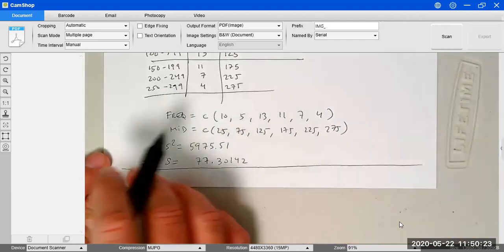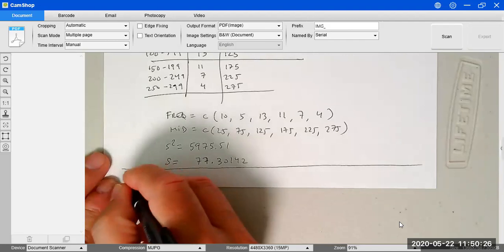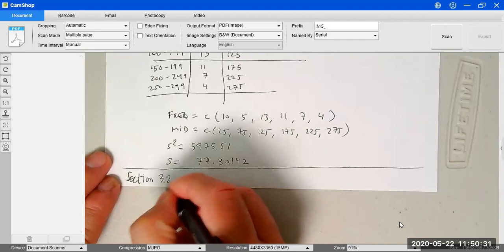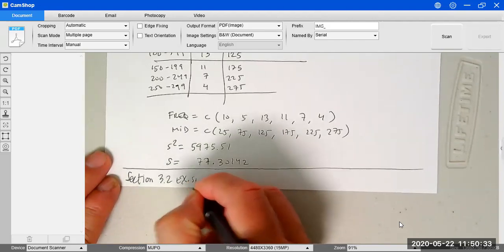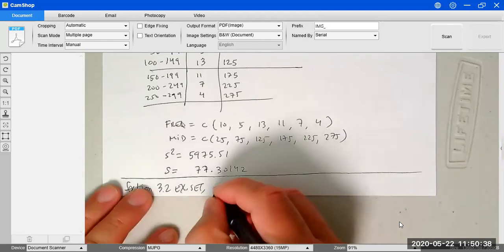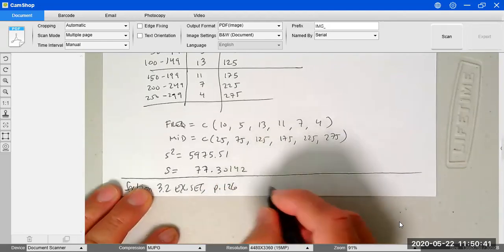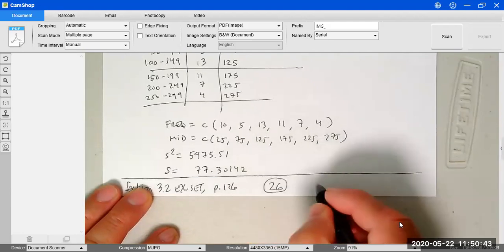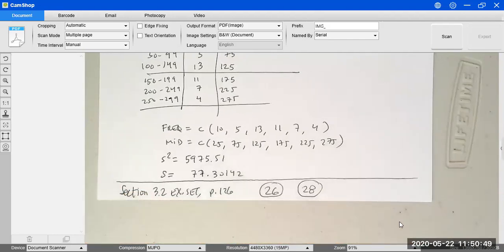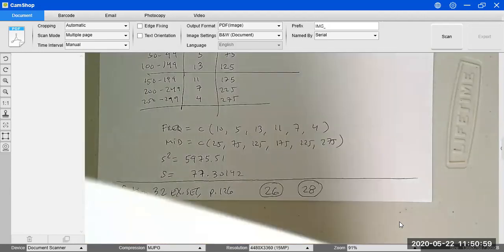We are on section 3.2, exercise set, on page 126, and you're going to work problems 26 and 28. Let me show you the problems for you to take a picture.